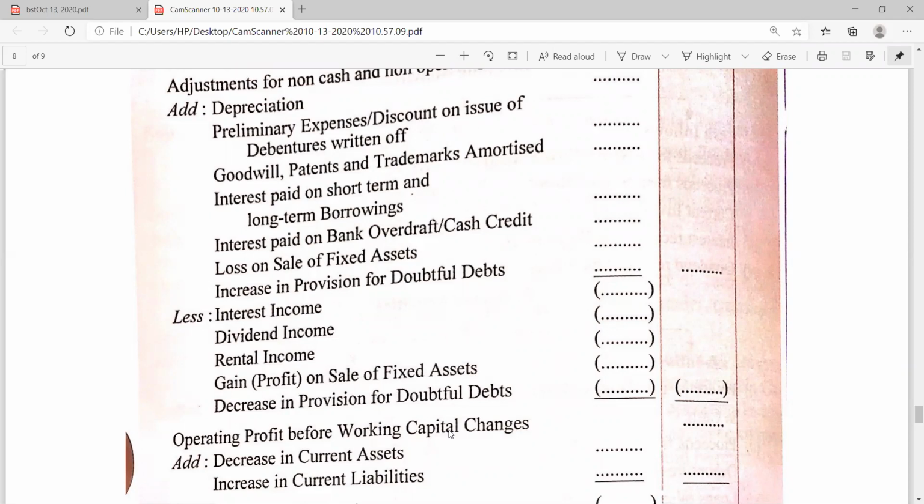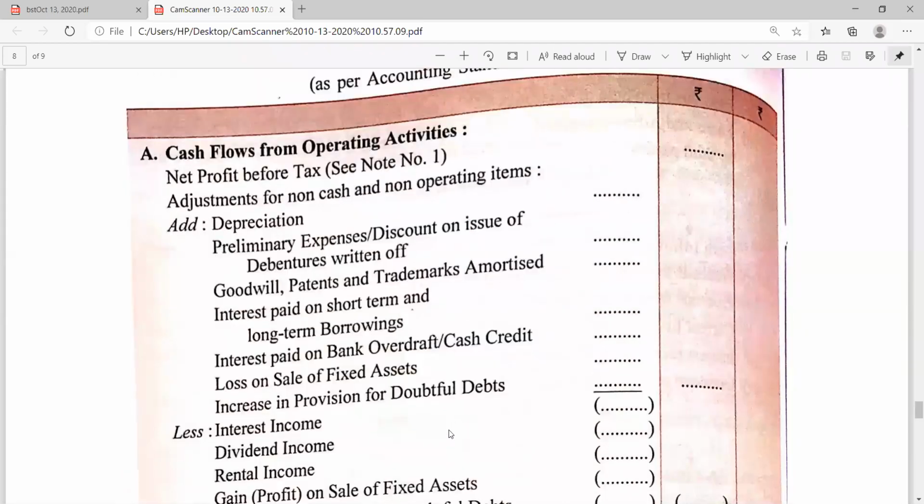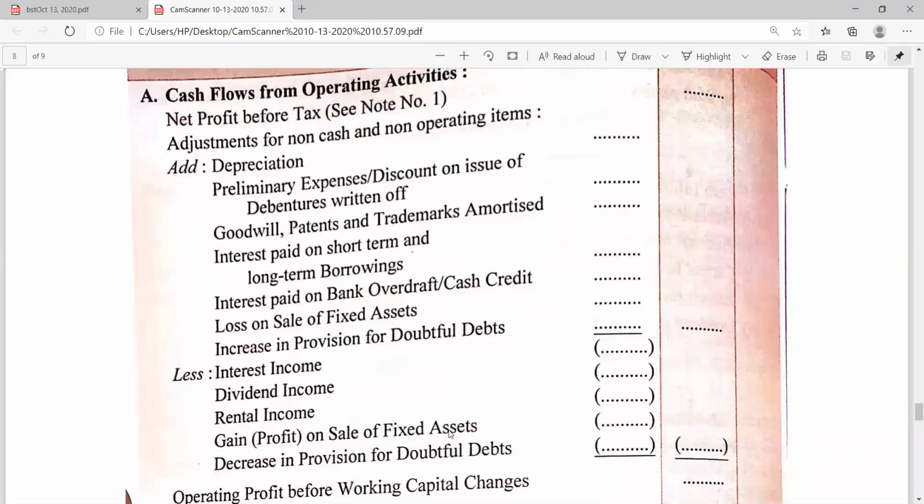In this way, I'm scrolling. Let's see what we have done. First of all, net profit before tax is to be taken here. After that, the various adjustments of non-cash and non-operating items are to be done, in which we have to add the depreciation, preliminary expenses written off, discount on debenture written off. It is to be added as well. Goodwill, patent, trademark, anything that is amortized is to be added back.